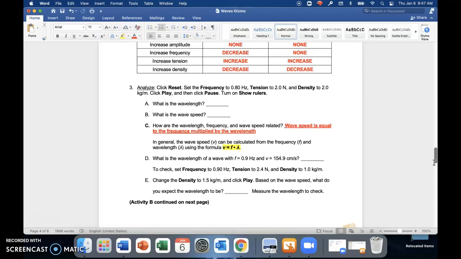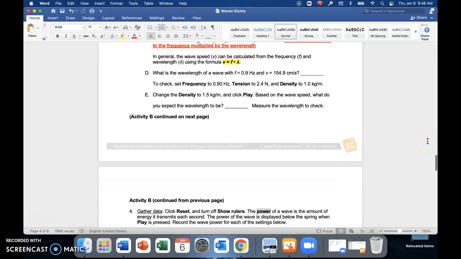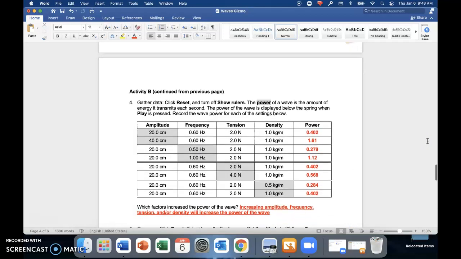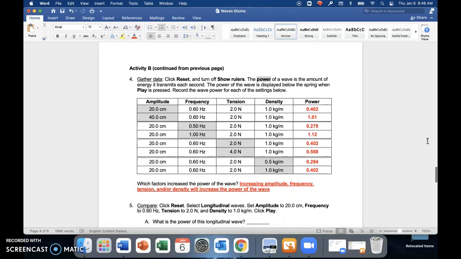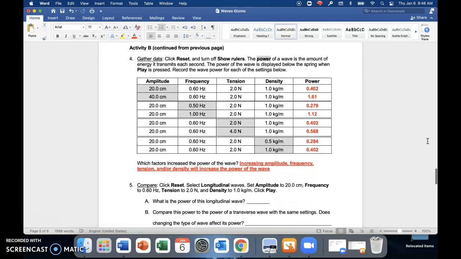Now that equation is important because you will use it later on in this gizmo, and it also was necessary when answering your 5 assessment questions, which I will be going over with you here in just a few minutes. Okay. So from there, we move down to the second table, and in this, you were seeing what happened to the power if you changed amplitude, frequency, tension, or density.